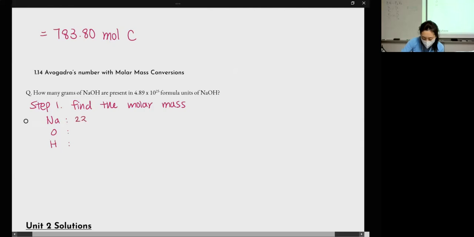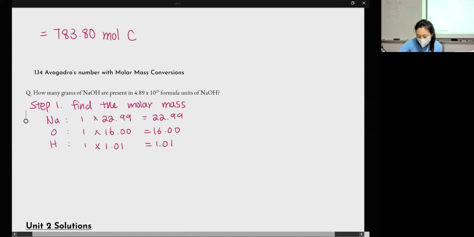Sodium is 22.99, and so on, which is exactly 40.00 grams per mole.